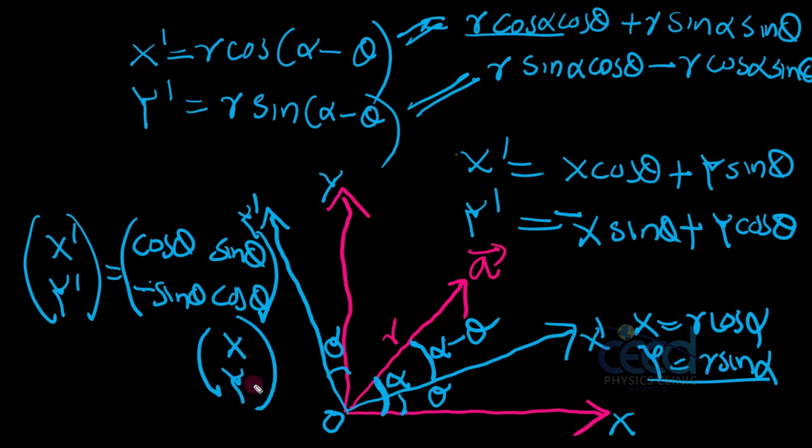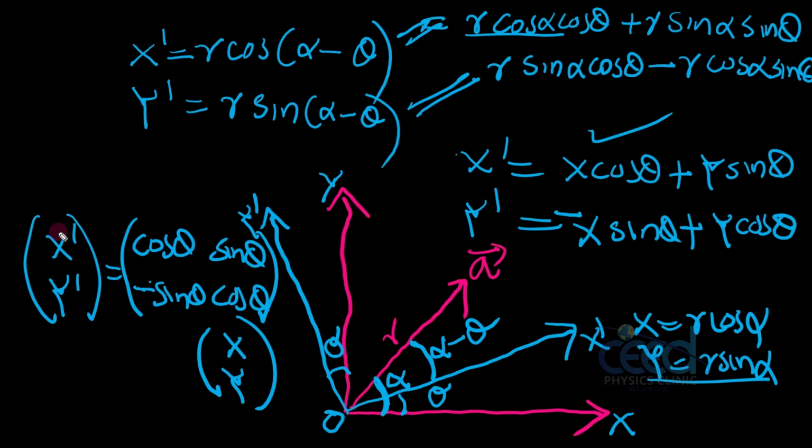So in terms of xy, I have represented x dash y dash, right? If you multiply this matrix, that is cos theta x plus sin theta y, and here minus sin theta x plus cos theta y, that is minus x sin theta plus y cos theta. So this is the new coordinates.